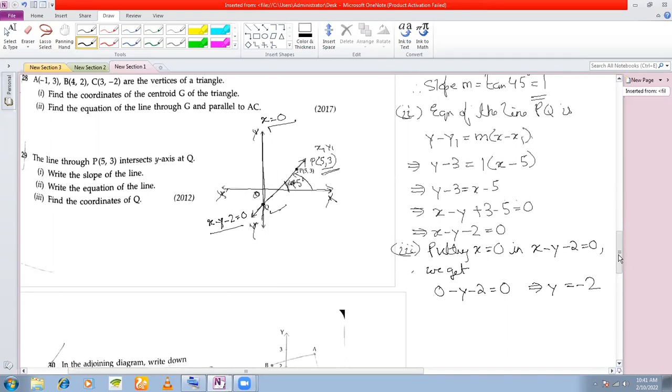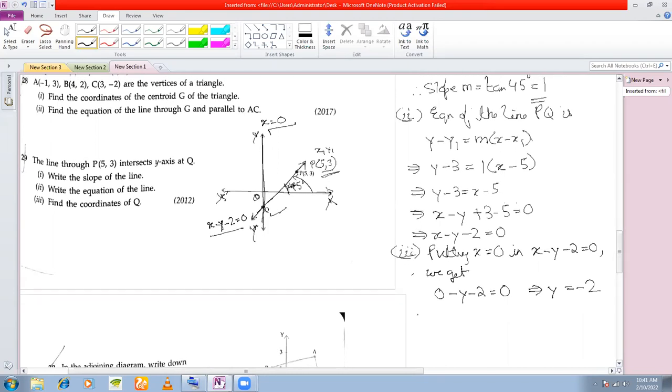So once you get y, now the point Q is on the y-axis, right? Hence, what should be the coordinates of Q? Coordinates of Q. If it is a point on the y-axis, that means its x coordinate must be 0. And what is the value of y we have got here? Minus 2, right?